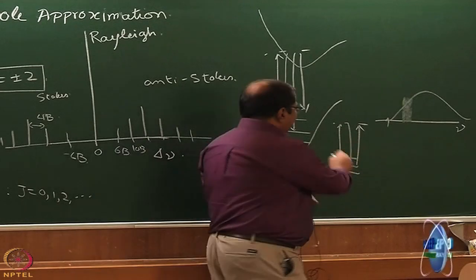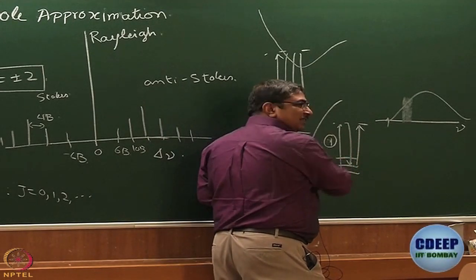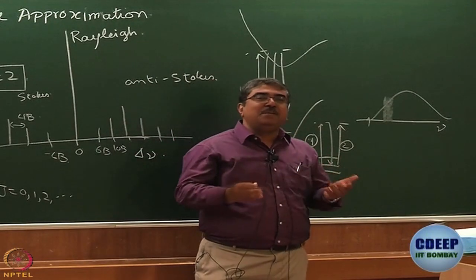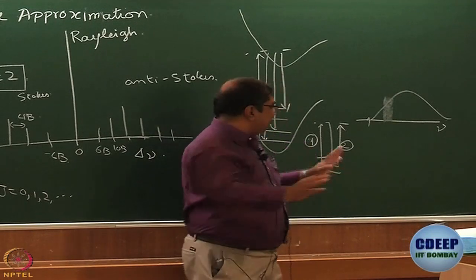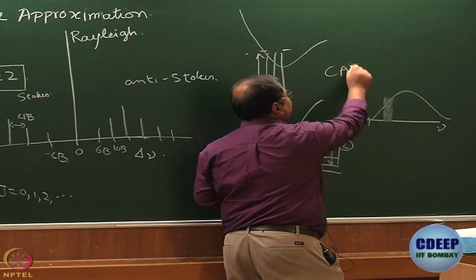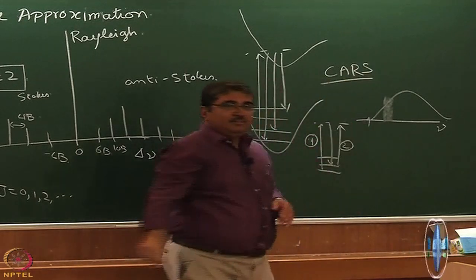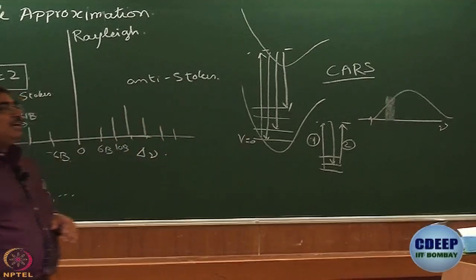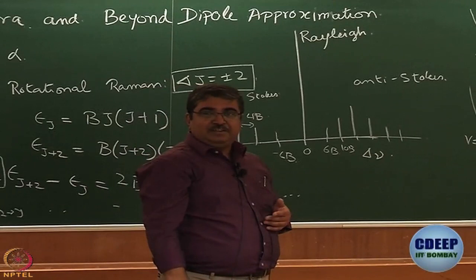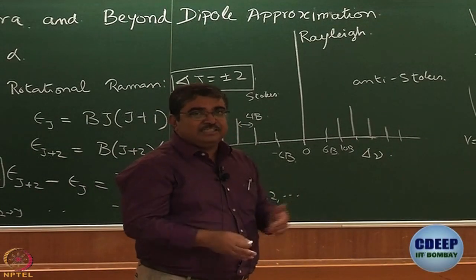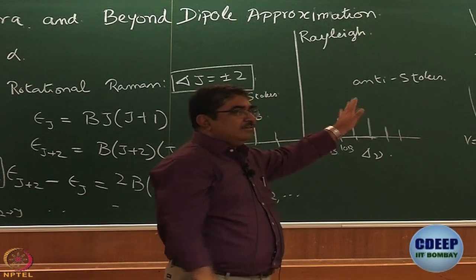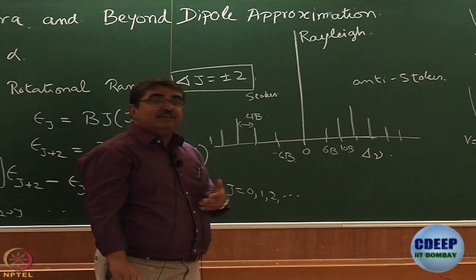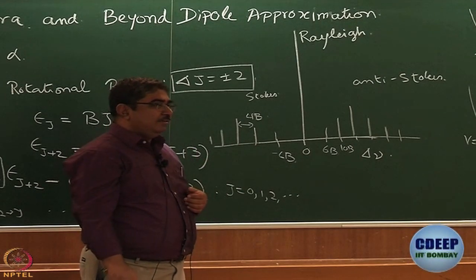Of course, it means you need one laser to do this and another laser to do this. So, it makes it a more complicated experiment, and the name of this experiment you might have heard is CARS. You are not talking about Maruti cars and Indica cars here. CARS means coherent anti-Stokes Raman spectroscopy. This is a more complicated technique, and we will not discuss it here, but you should be aware that something like this exists by which you can amplify the anti-Stokes lines and actually see them.